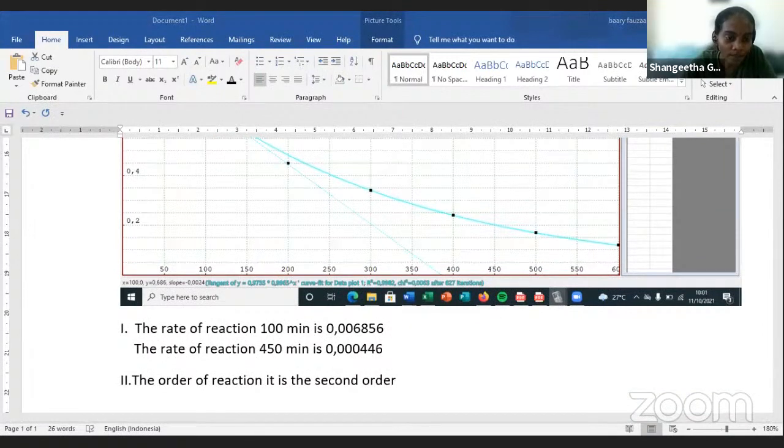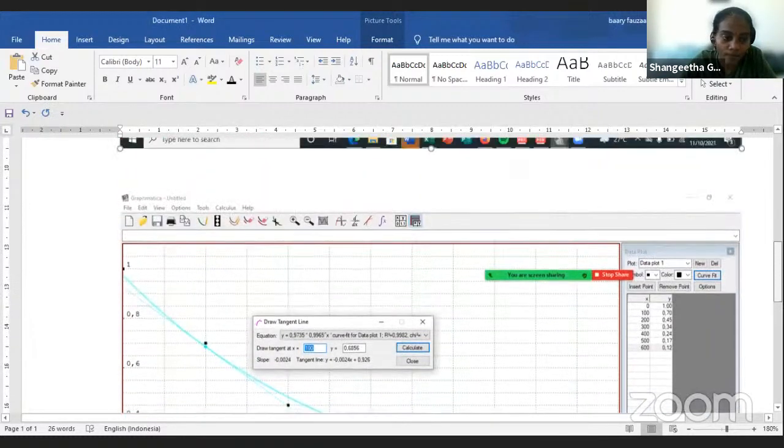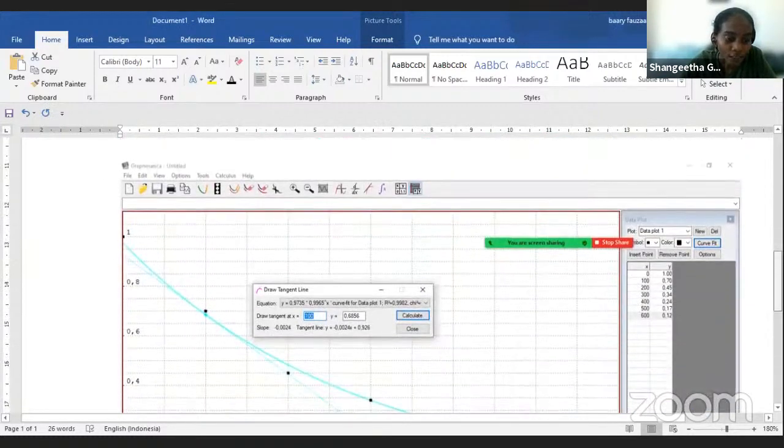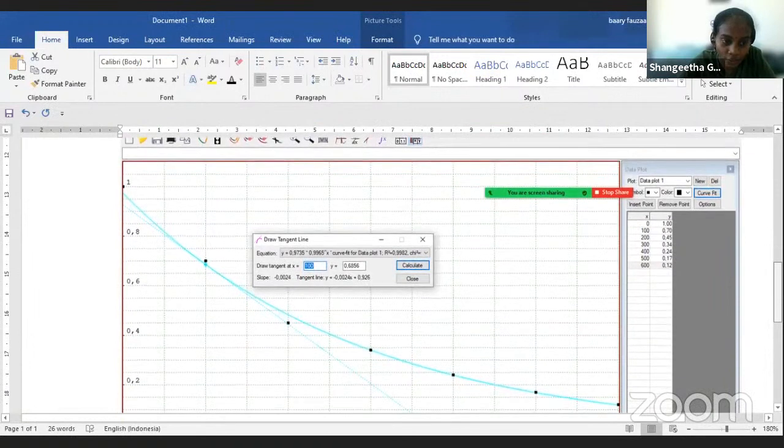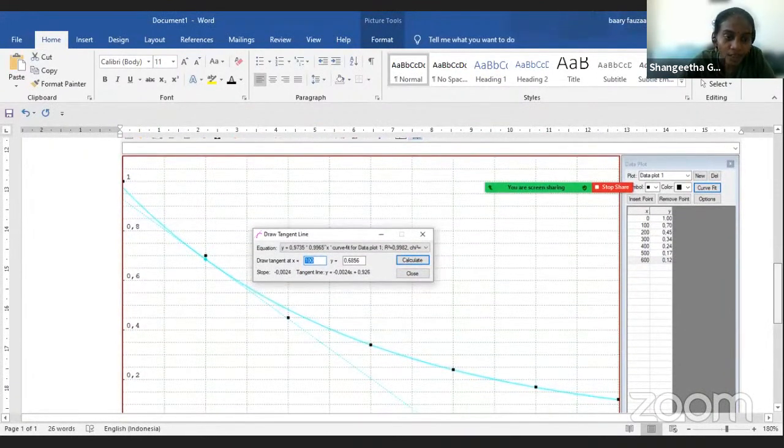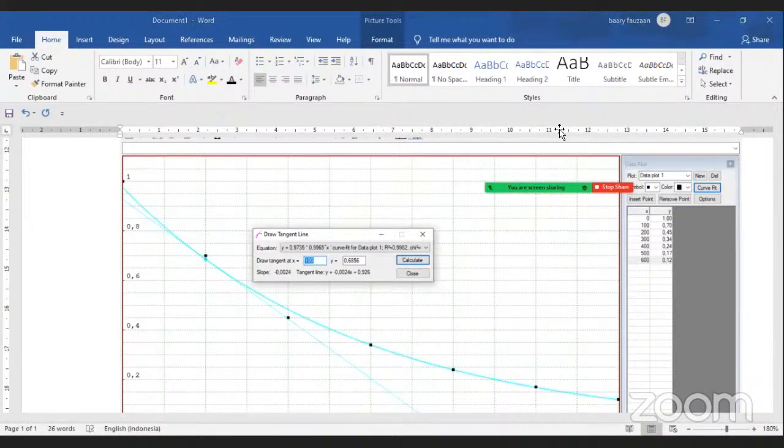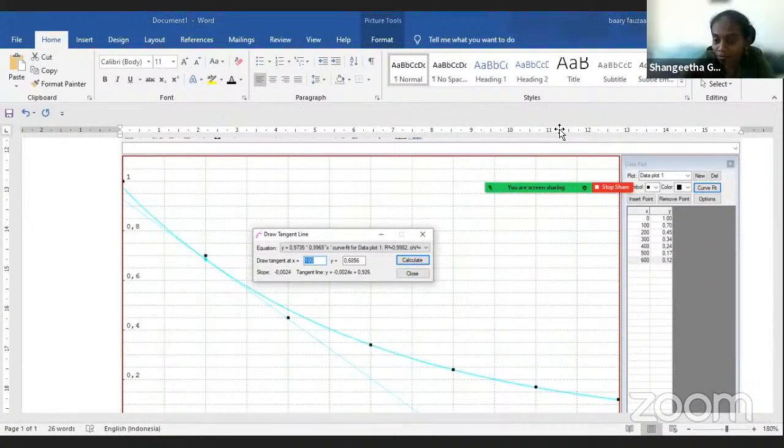So if you go up a little bit, how do you find the order of reaction? You need to find the initial concentration. What is the initial concentration? Then you need to divide by half. So initial concentration is 1, correct? Yes, doctor. So 1 divided by half is 0.5.